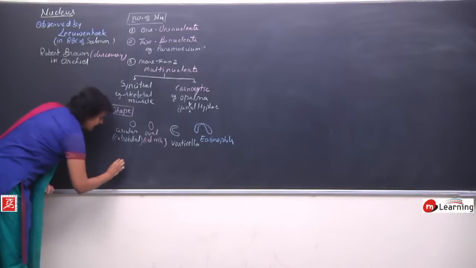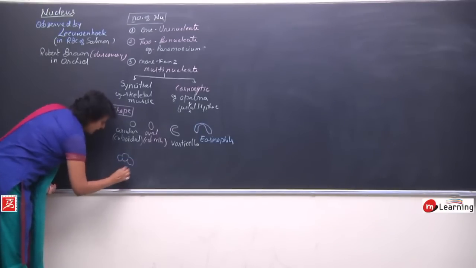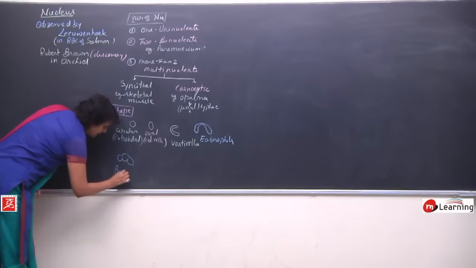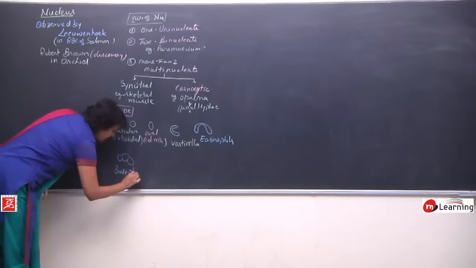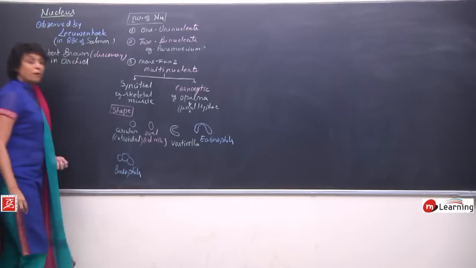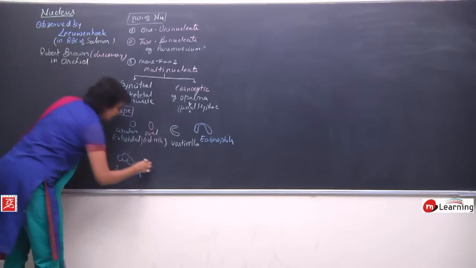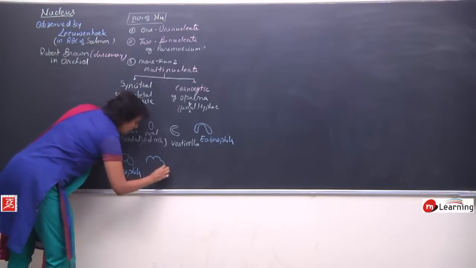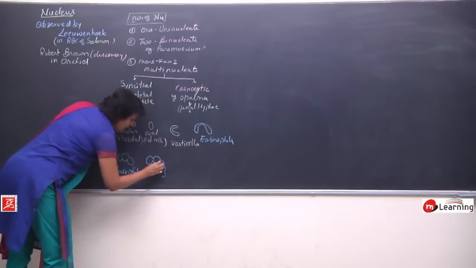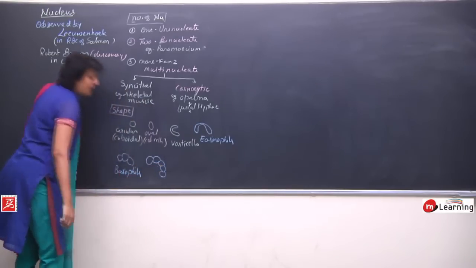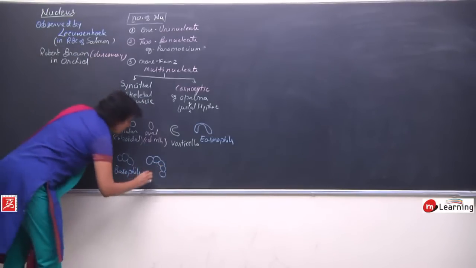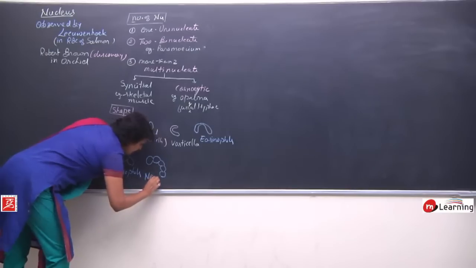Trilobed nucleus in basophils. Multilobed nucleus is found in neutrophils.